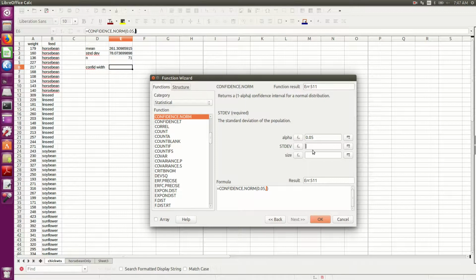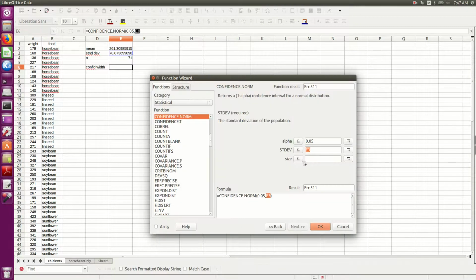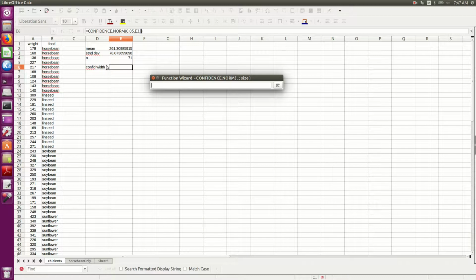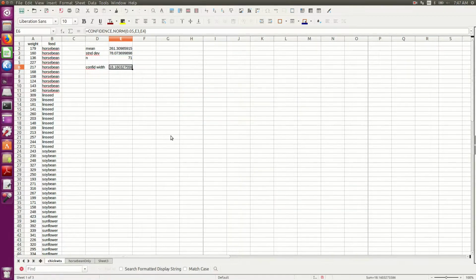Notice we need the standard deviation, so that's where I come over here and get that standard deviation. And we need the size, or N, and so we come over here and get N, and so that is our command, equals confidence.norm, and our three different parameters we need, and we see the result.